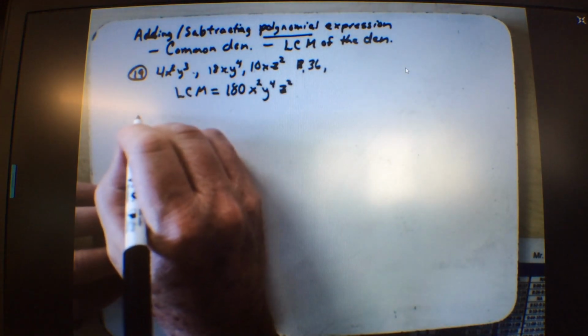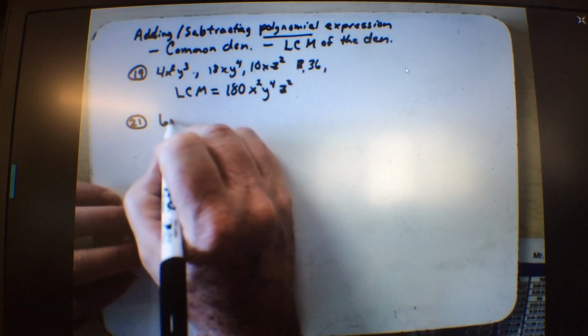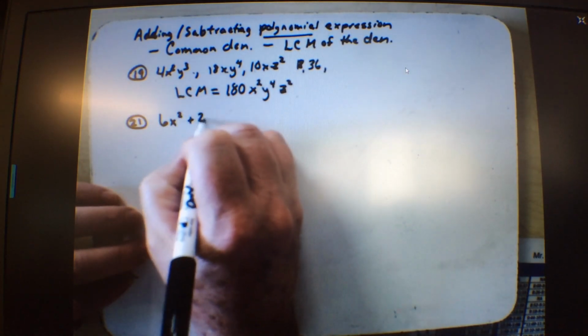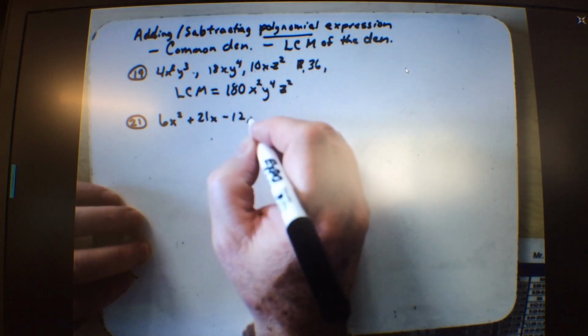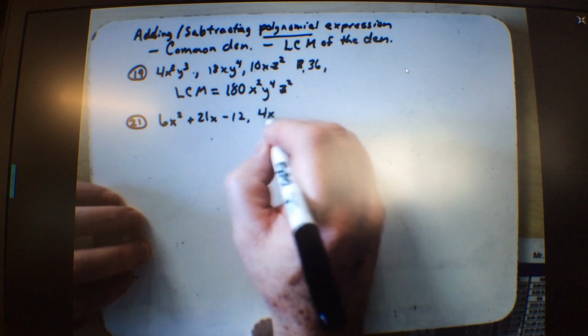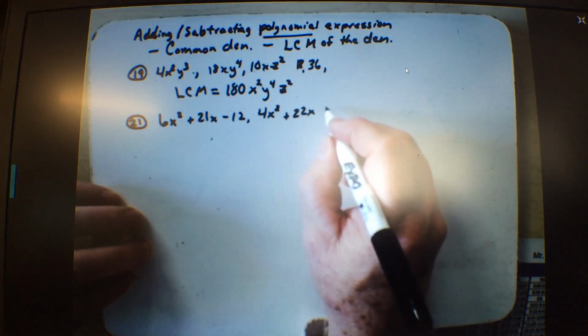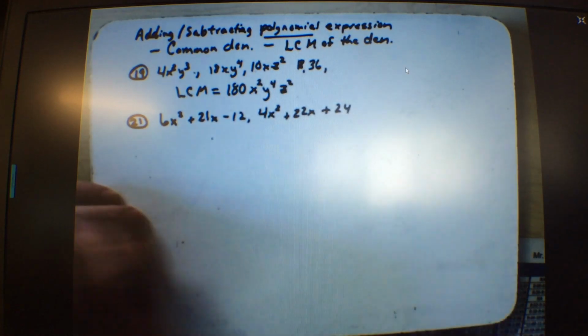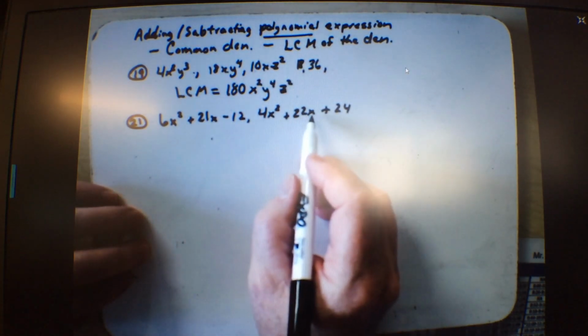Okay, let's take a look at 21. 21 says 6x squared plus 21x minus 12 and 4x squared plus 22x plus 24. What's the difference? Okay, we have polynomials.